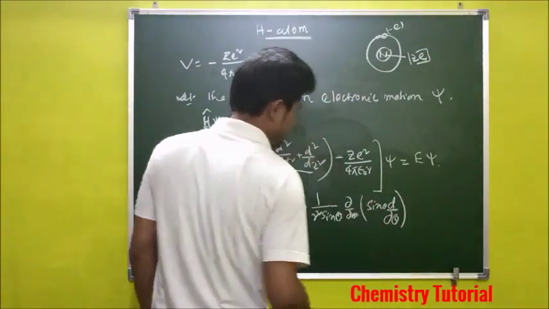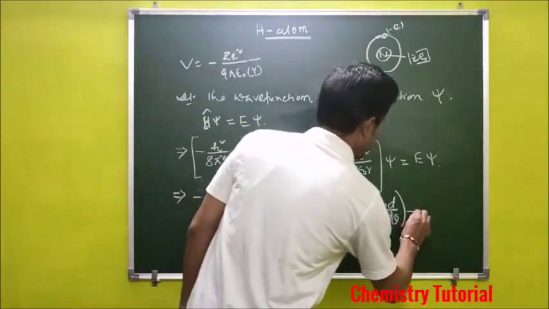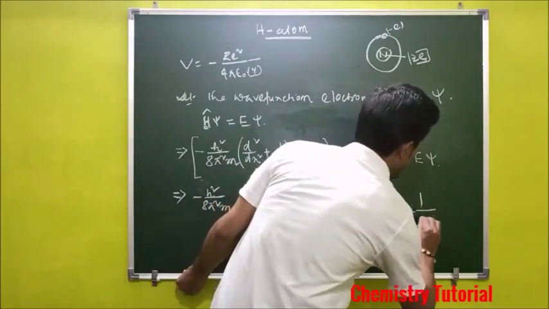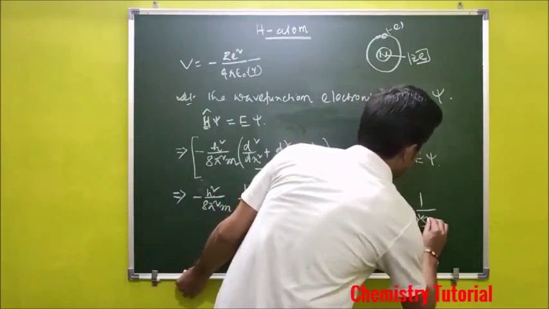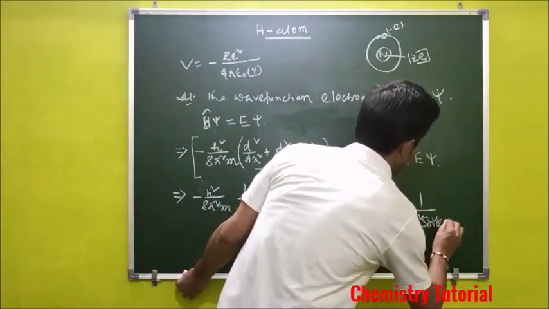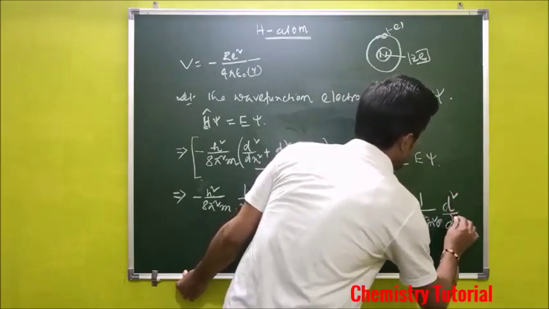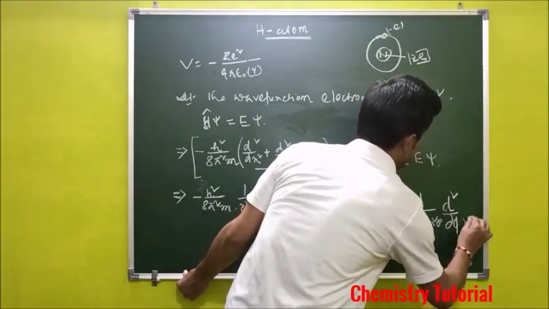There is no r here, okay. And 1 by r squared sine squared theta, del squared by del phi squared.